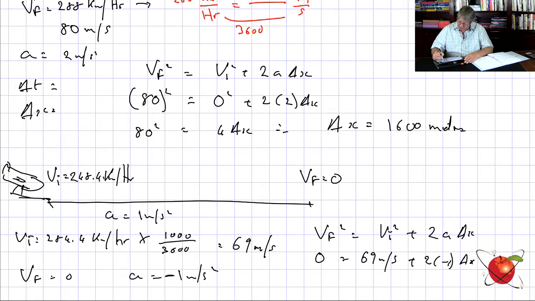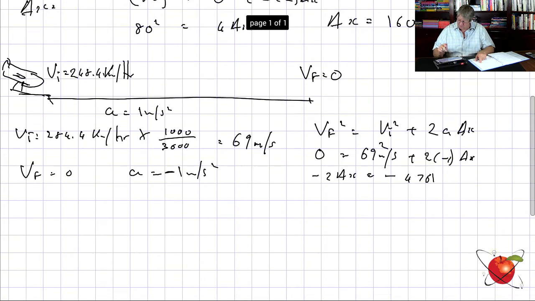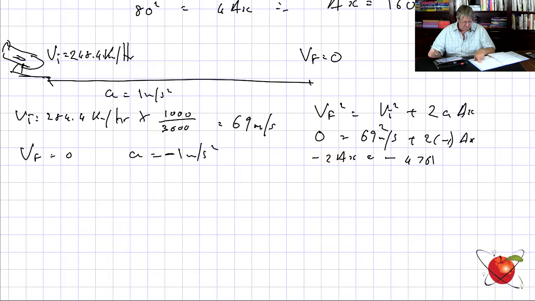69 goes across, squared, right? And if you work it out, you get -2 delta x is equal to 4761. The final little bit of calc we've got to do, therefore delta x is going to be equal to 2380.5.